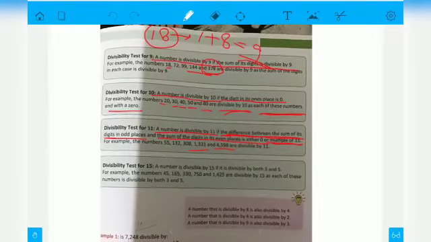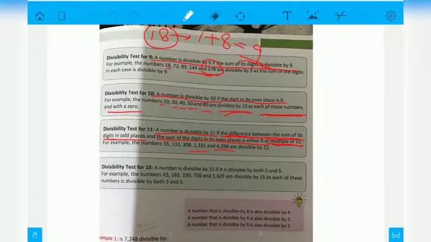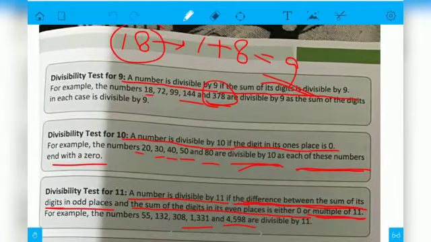Now let's come to the divisibility test for 9. A number is divisible by 9 if the sum of its digits is divisible by 9. For example, numbers like 18, 72, 99, 144.